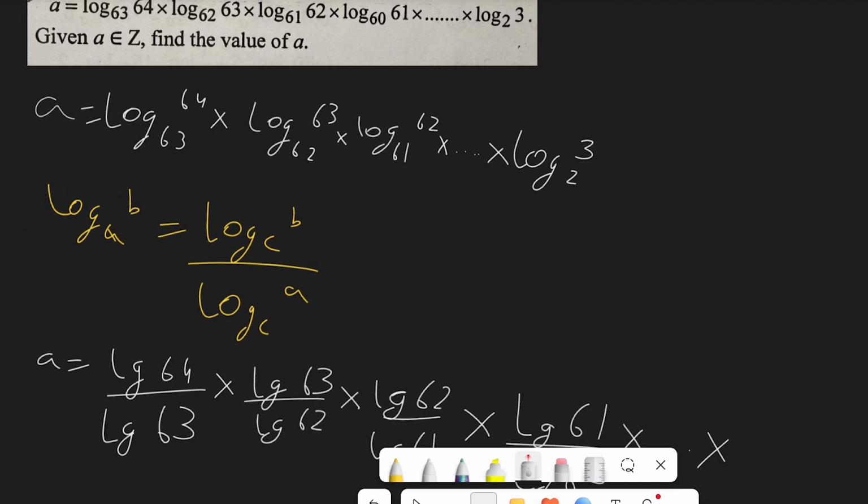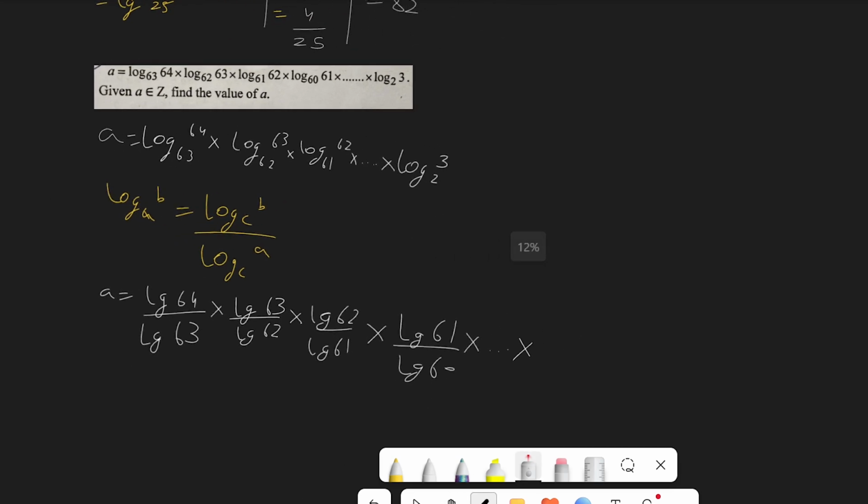If we have the last term as LG3 over LG2, then the previous term would have LG3 as its denominator, and the numerator would be 60, then 61, 62, 63.